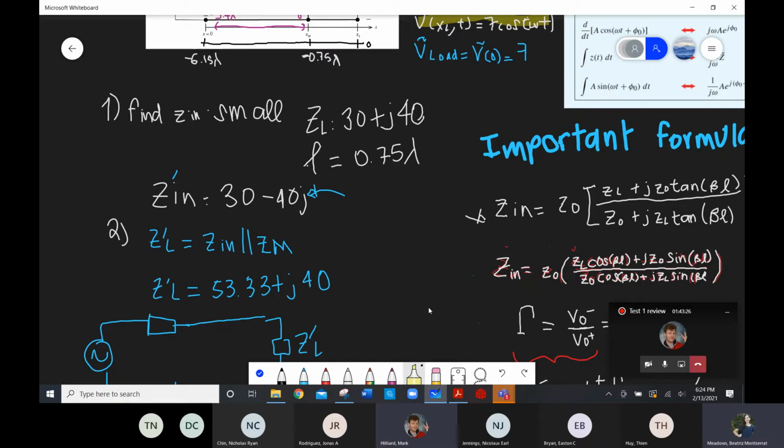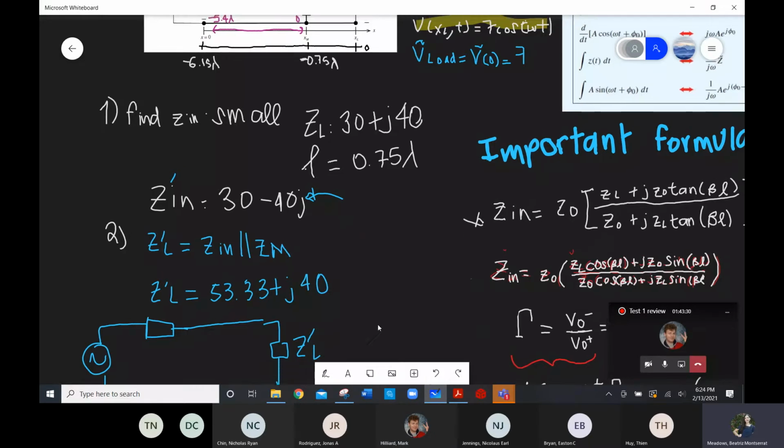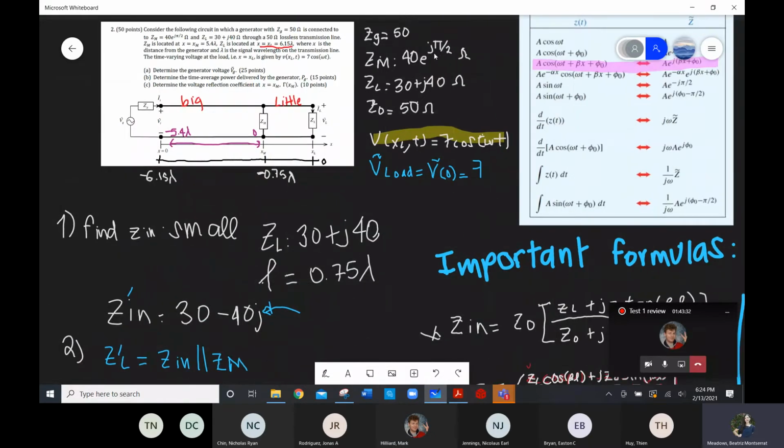Does that work? Yeah. Okay, once you store that, then this guy is 40 e to the j pi over 2 Zm, so just write out 40 times e to the j pi over 2 times A, and then over the sum, 40 e to the j pi over 2 plus.